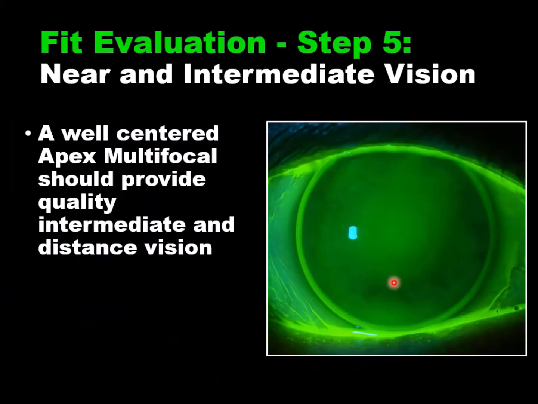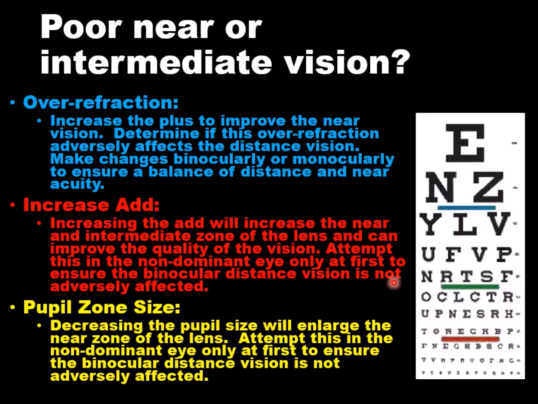Now, step number 5 is to evaluate the near and intermediate vision. And again, a well-centered Apex Multifocal will give us the best chance of simultaneous vision. So when you're evaluating either distance or near, make sure that you confirm where that lens is centered.